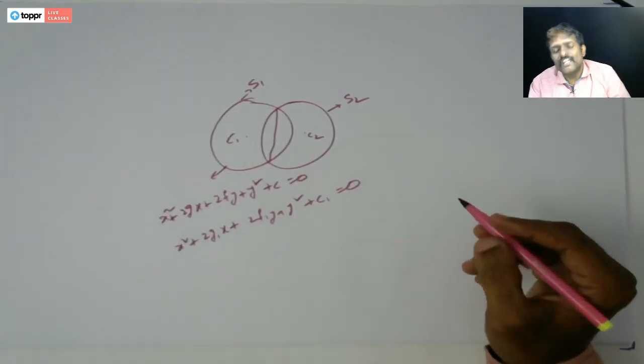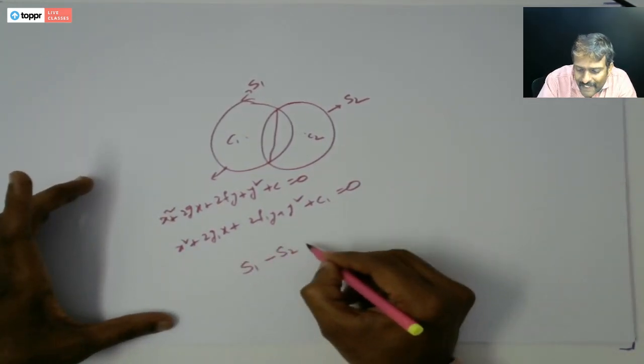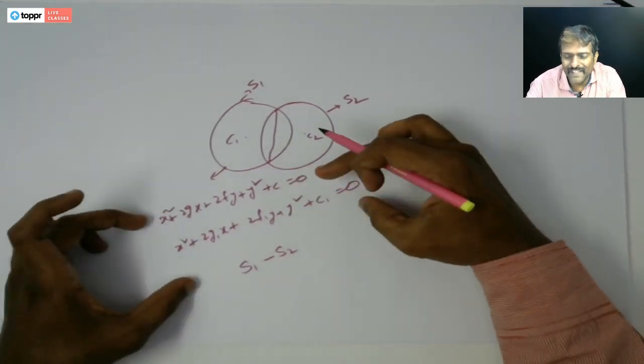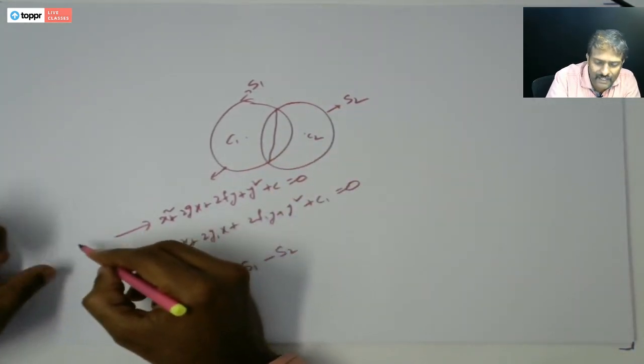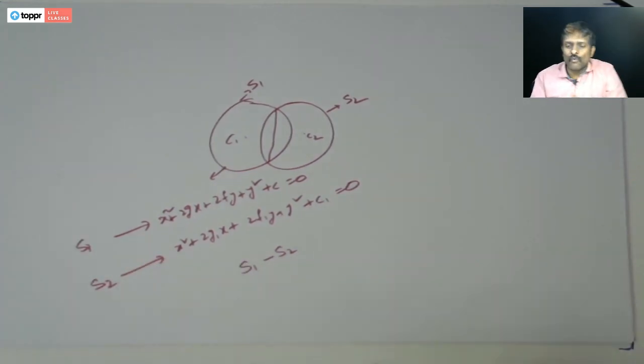These are the two equations given to us. Then find S1 minus S2. This is circle S1 and this is circle S2. What will happen if I find the difference? The difference will still be 0, right?